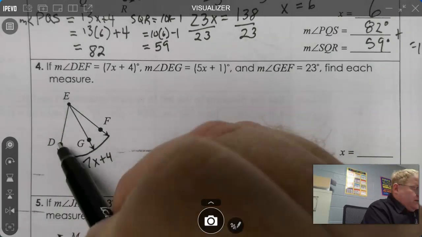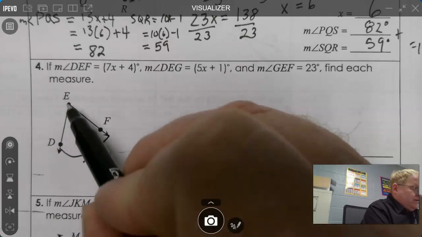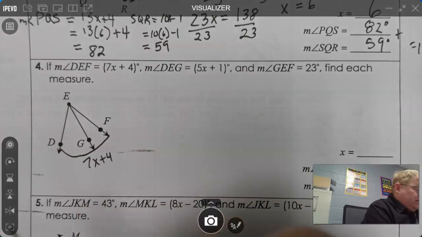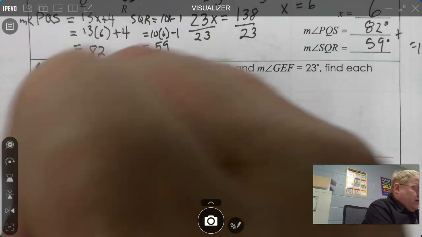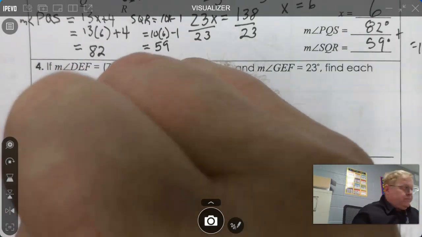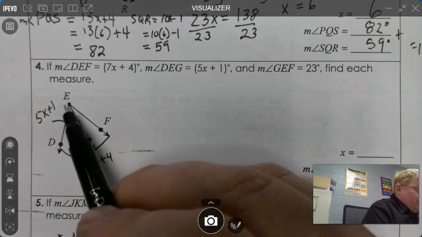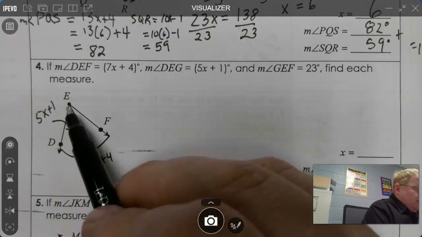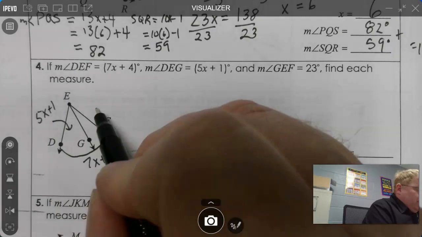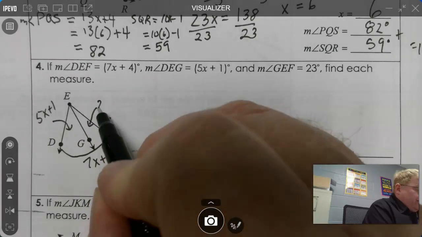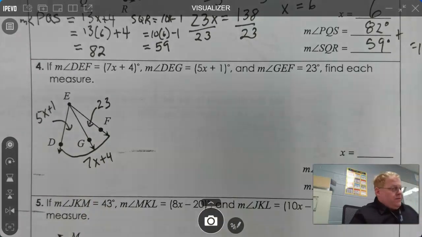DEG, follow with your eyes, DEG is 5x plus 1. So here, it's 5x plus 1. And now we've got GEF, follow with your eyes, GEF is 23. So that's 23 in there. Alright, so it says find each measure.